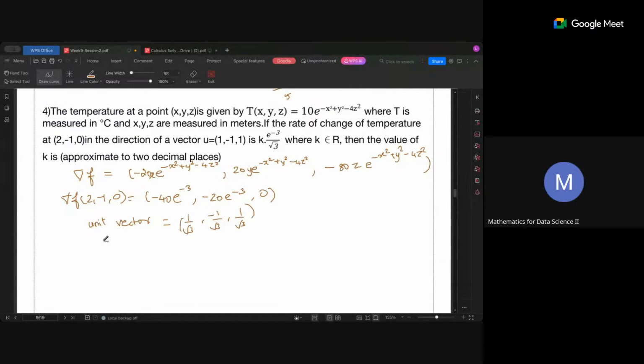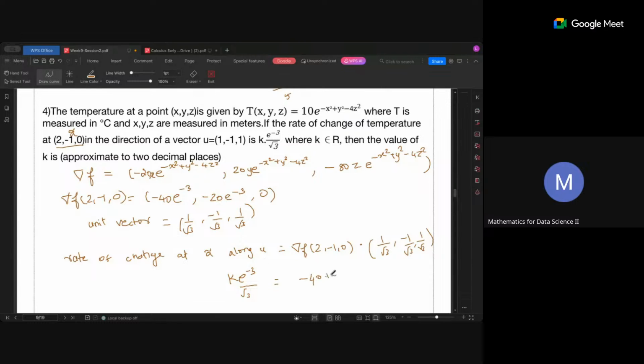Now what is the rate of change? Let us call this point A tilde, at A tilde along U. What is this? And they have given the answer as k times e power minus 3 by root 3. So let us do the dot product. What are we getting?